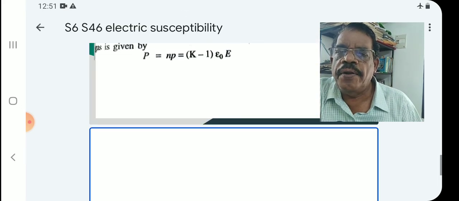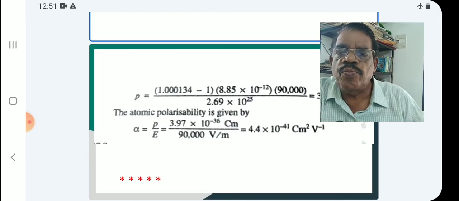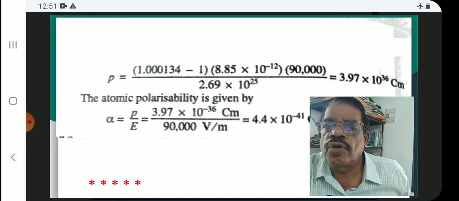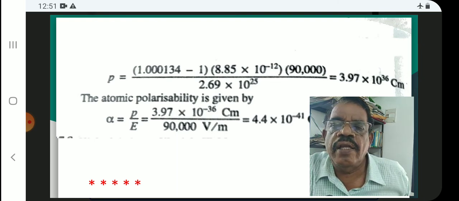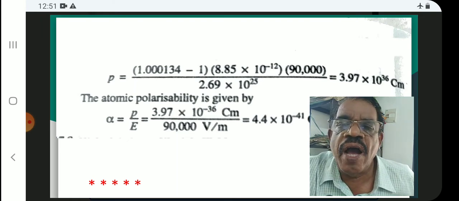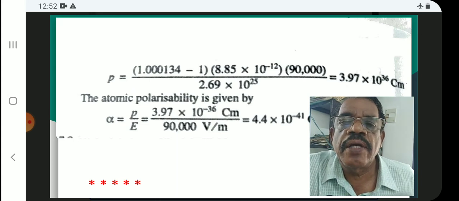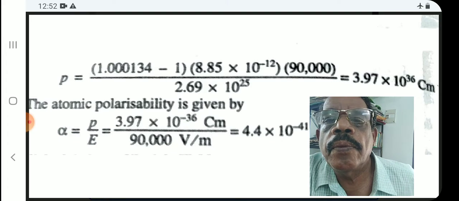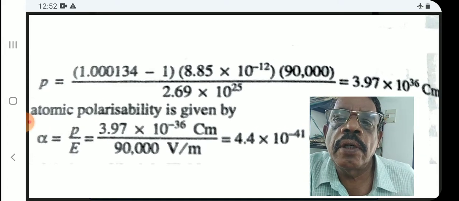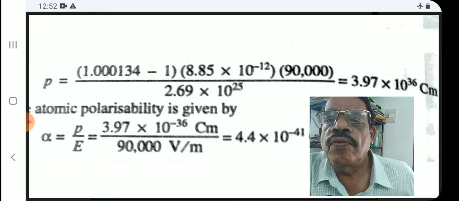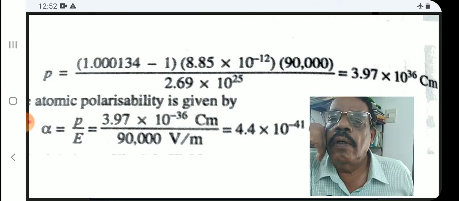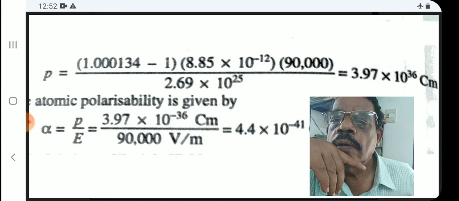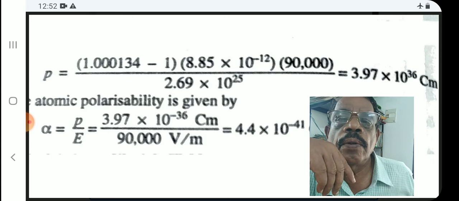Substituting these values in equation 1, dipole moment small p is equal to (1.000134 minus 1) into 8.85 into 10 raised to minus 12 into 90,000 by 2.69 into 10 raised to 25, which gives 3.97 into 10 raised to some power. That power you verify: 25 will go up, minus 12, so p is equal to 10 raised to that power.